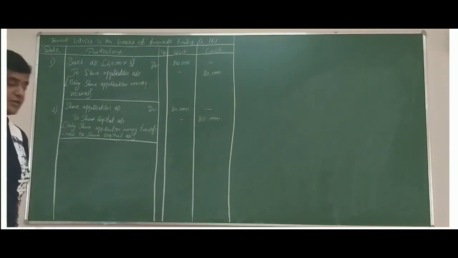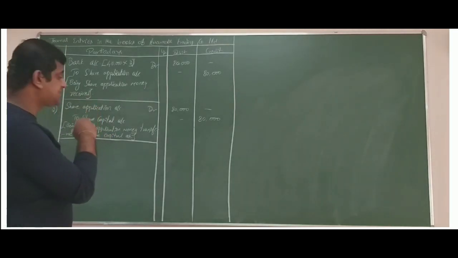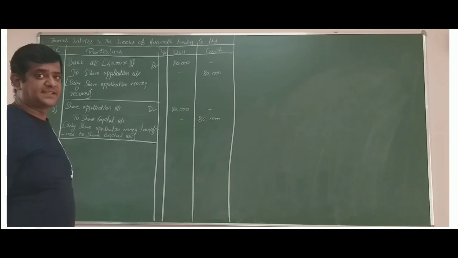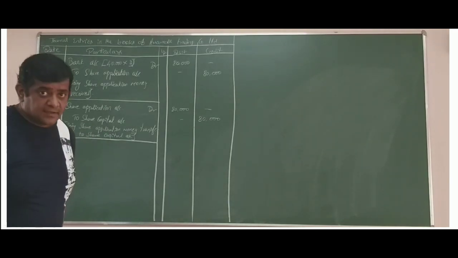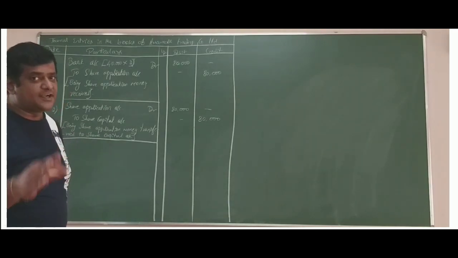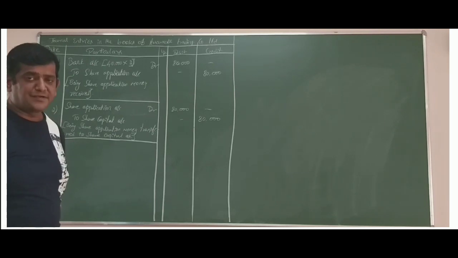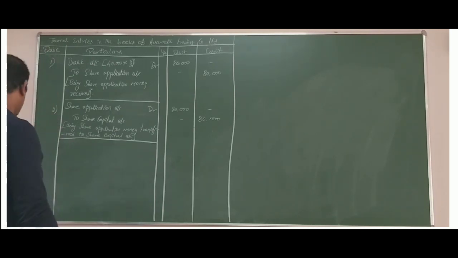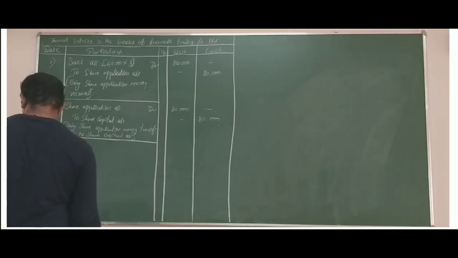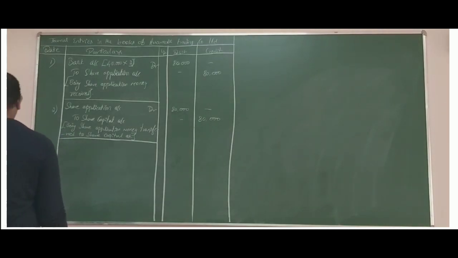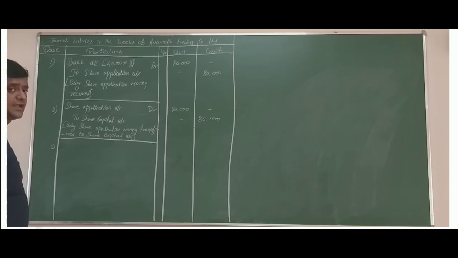I believe you have understood. So first entry is receive entry and second entry is transfer entry. So third entry then is a due entry, correct? So what is the due entry? Which amount is due now for the third? That is share allotment account. Clear? Share allotment is due.